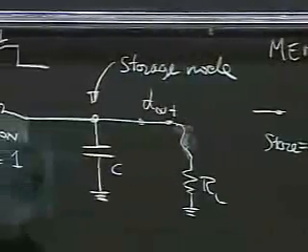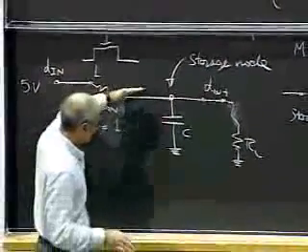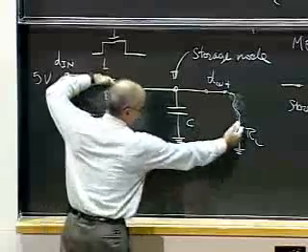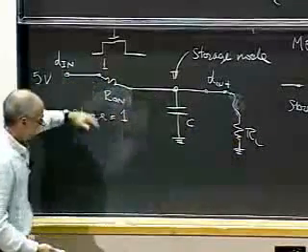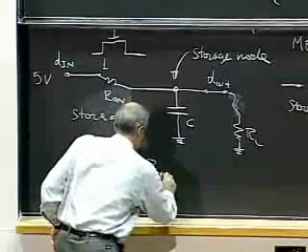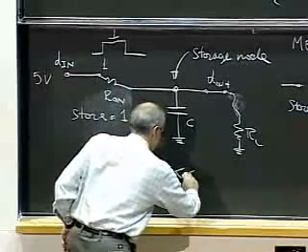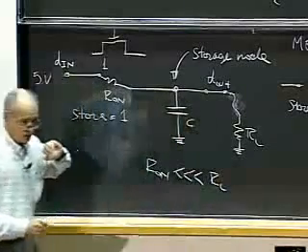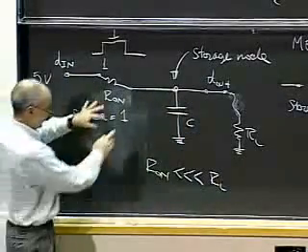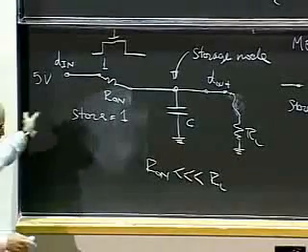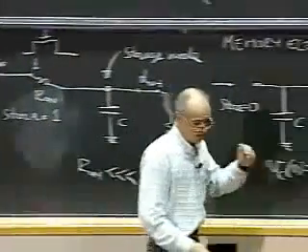So, what is the relevant time constant? It's going to be the R on C. In fact, it's actually R on in parallel with RL, times C, but typically R on is much, much less than RL, so we don't have to worry about that. The dominant time constant is R on C. Okay? So, provided these things are happening, we have a memory.